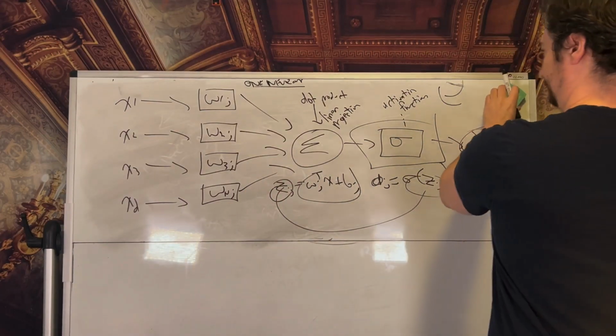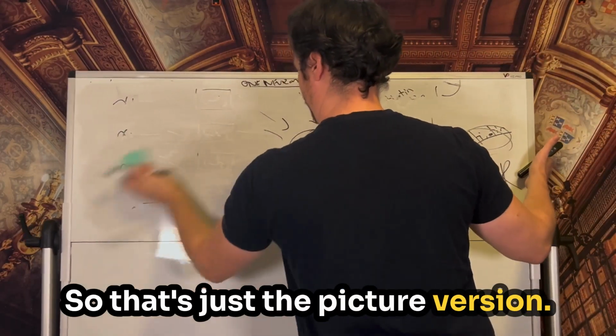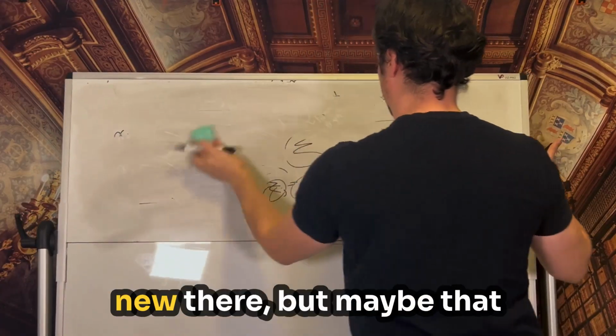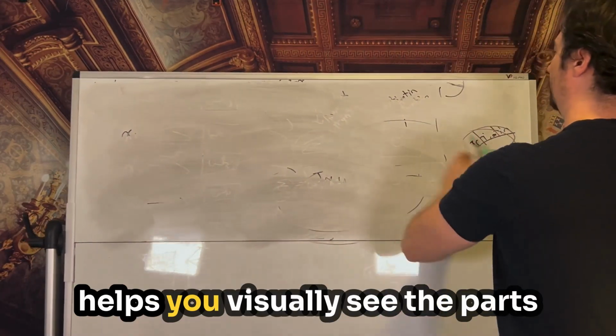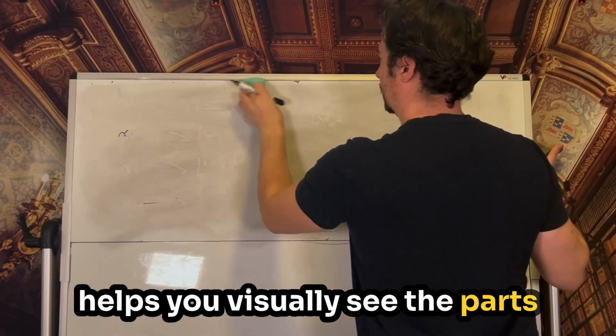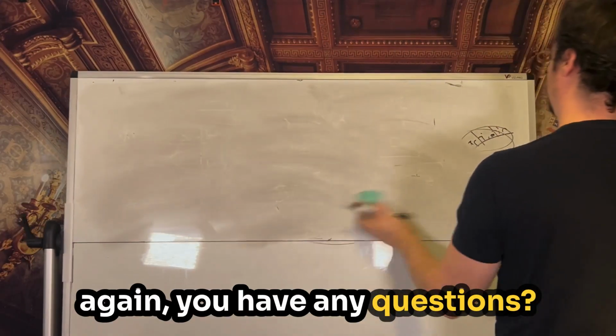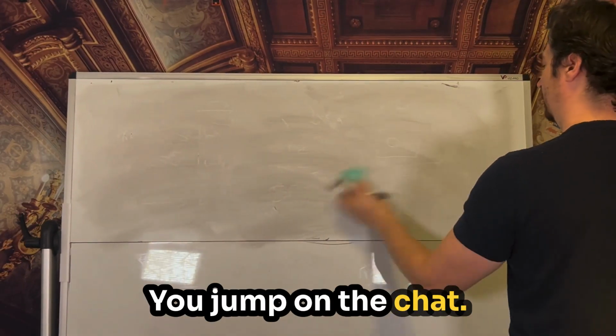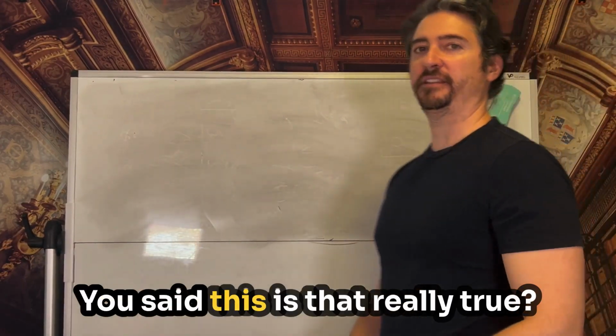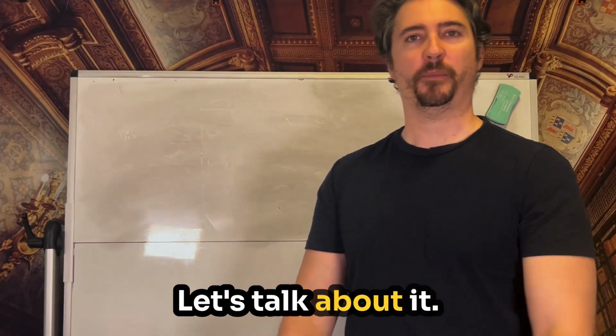That's just the picture version. I didn't really introduce anything new there, but maybe that helps you visually see the parts. Again, if you have any questions, jump on the chat. What about this? What about that? You said this, is that really true? Let's talk about it.